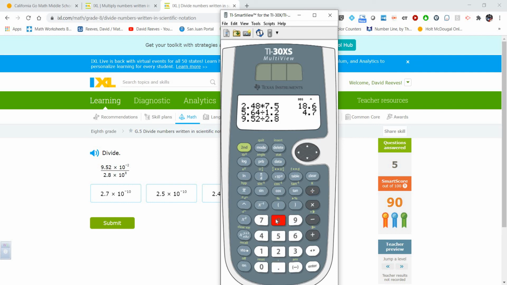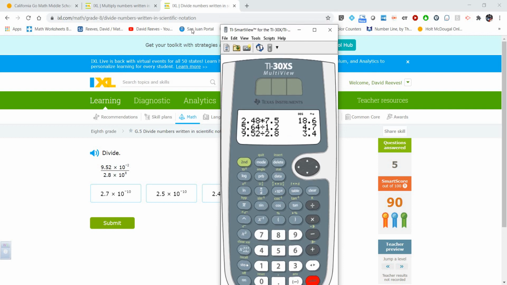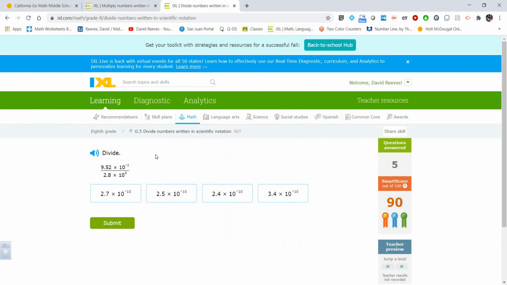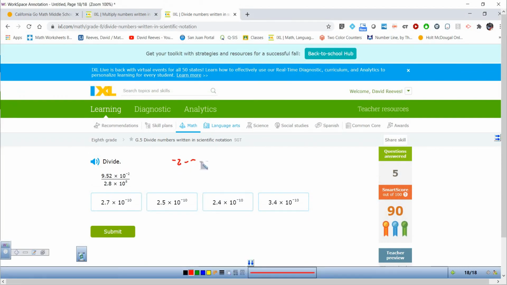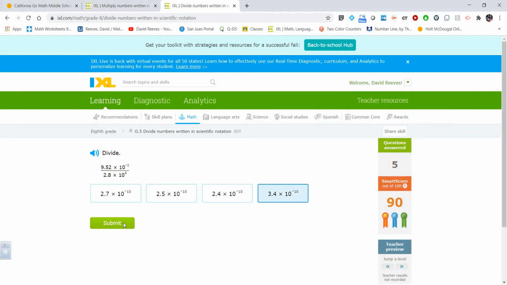So that's why I'm saying go ahead and use a calculator. 9.52 divided by 2.8 is 3.4. And then negative 2 minus 8, right? Subtracting a positive is the same as adding a negative. Negative 2 plus negative 8 is negative 10. All right, so it was 3.4 times 10 to the negative 10 power.